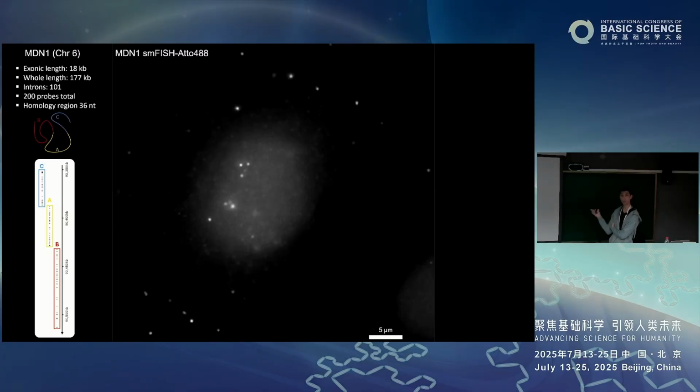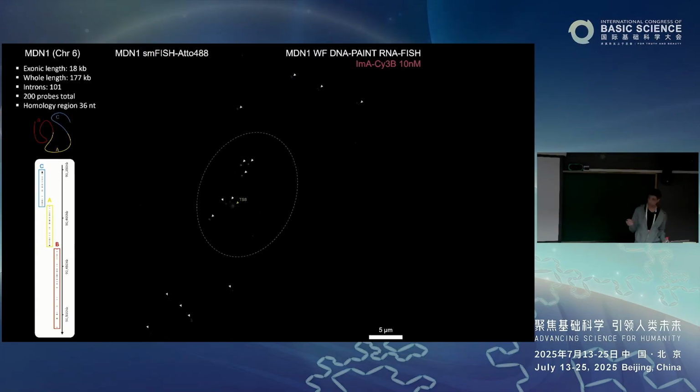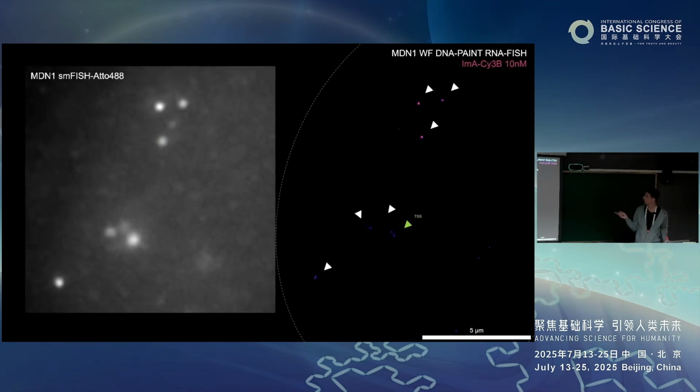So this is a wide field image, no super resolution there. If we do super resolution on this, we are going to have something that looks like this. Exactly. So just in principle, the only thing you see is smaller dots.